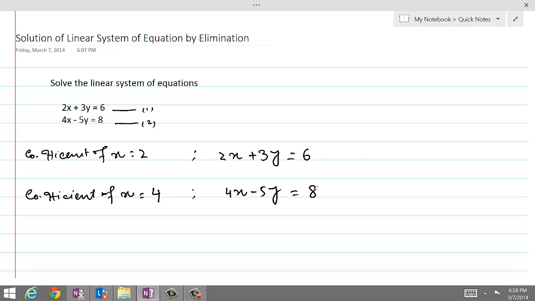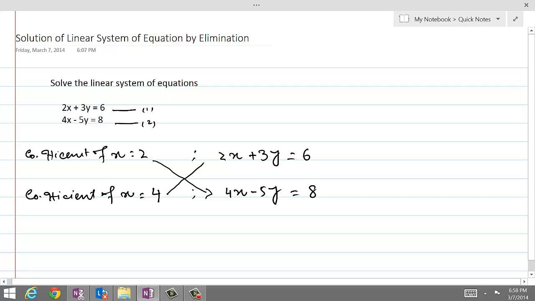The easiest way to do that is if we multiply the coefficient of x in the first equation with equation number 2 and the coefficient of x in equation number 2 with equation number 1. So we will be multiplying equation 2 with 2 and equation 1 with 4.